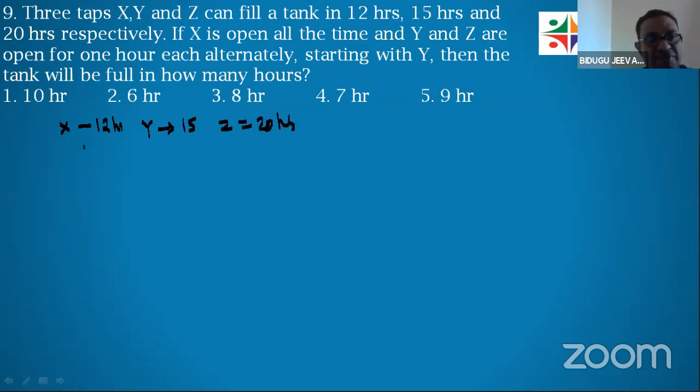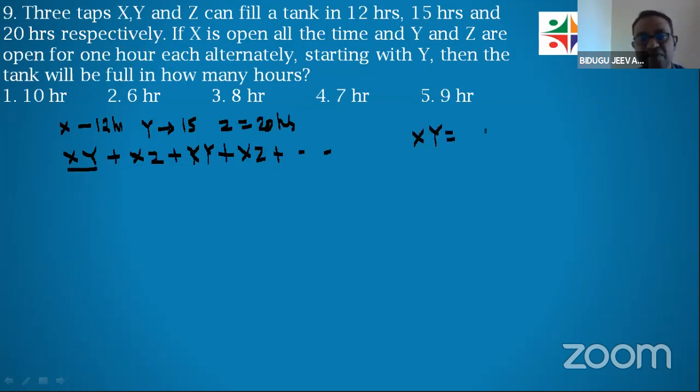Now, given alternately, they have to work along with X: XY, then next XZ, next XY, and XZ, and so on. What is XY? Same. 12 into 15 by 27. 3 nines, 3 fours, 3 threes, 3 fives, 20 by 3.